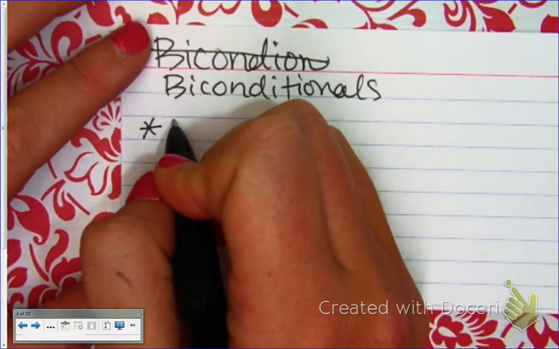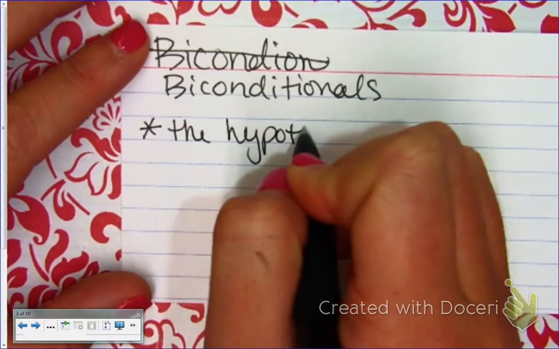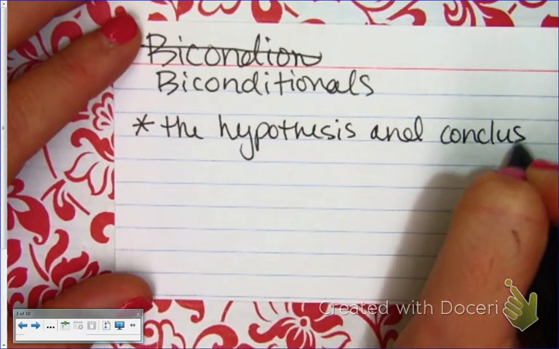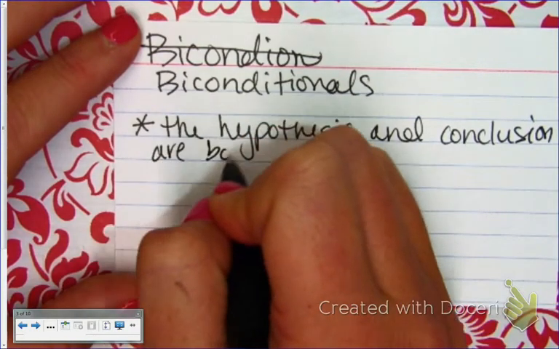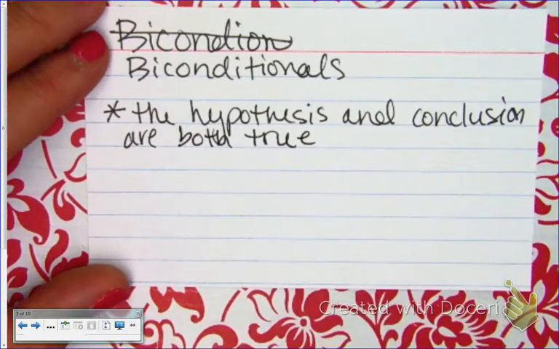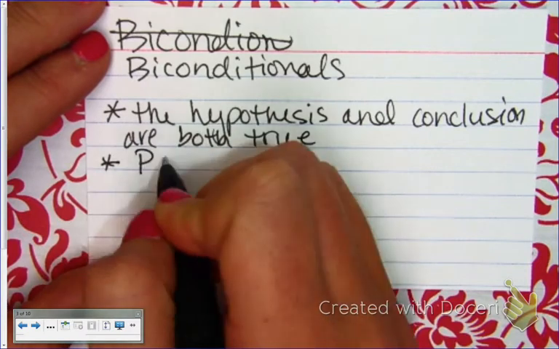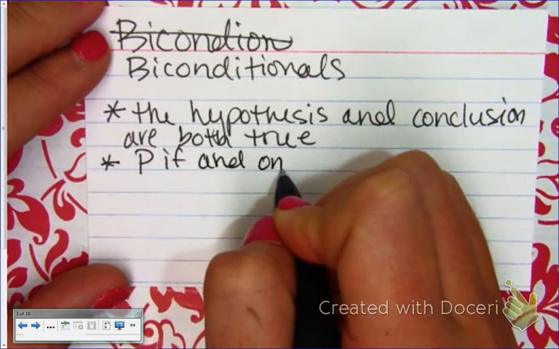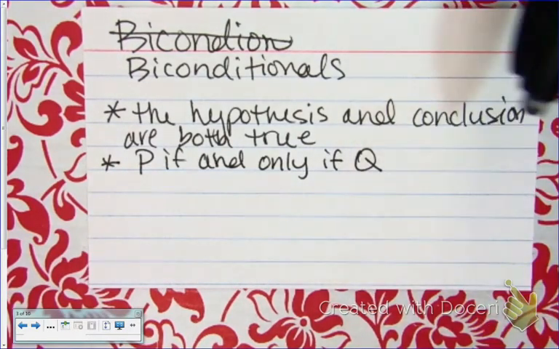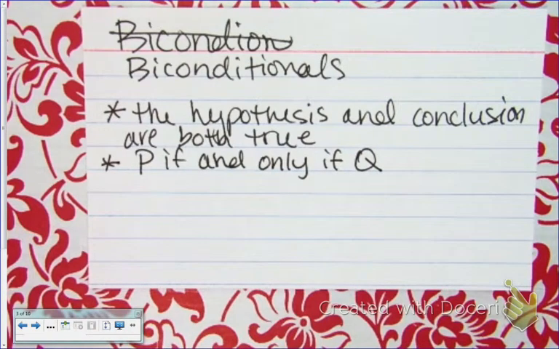The hypothesis and conclusion are both true. So, P, if and only if Q. So what that means is, I'll give you an example.